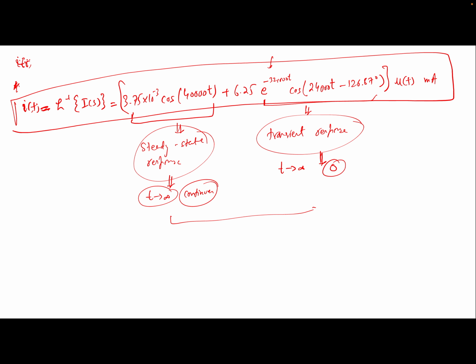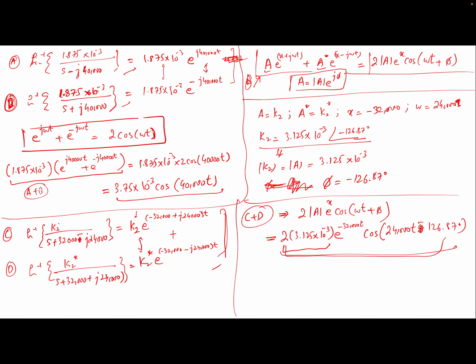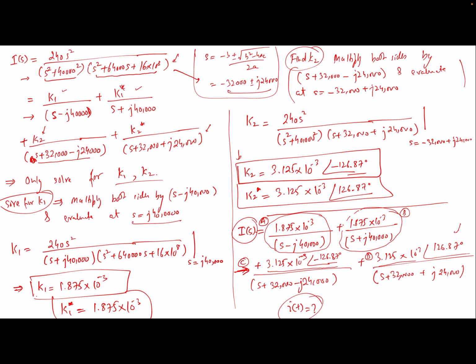Another important thing to look at is that the steady state response in the final expression usually comes from the input. For example, this 40,000 t is coming from these two poles, plus minus j 40,000, which come from this term, s squared plus 40,000 squared.